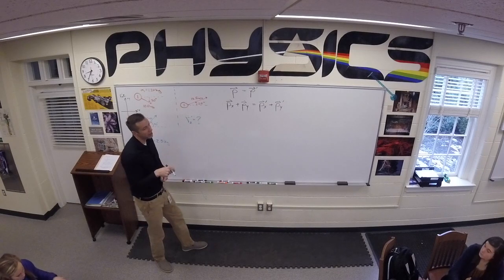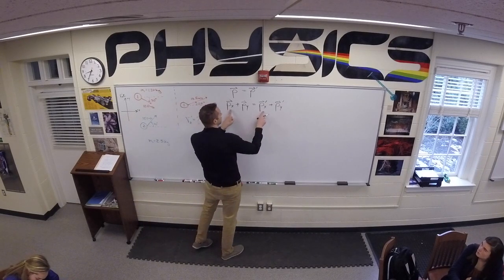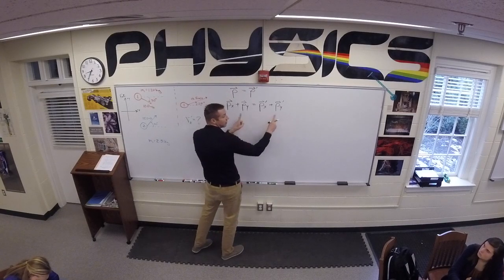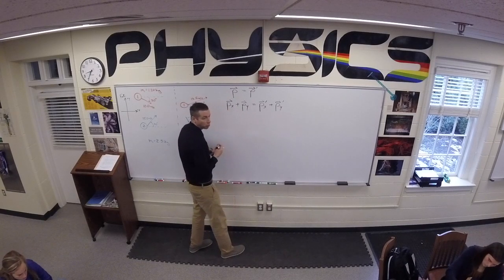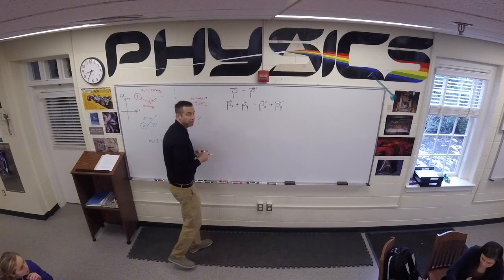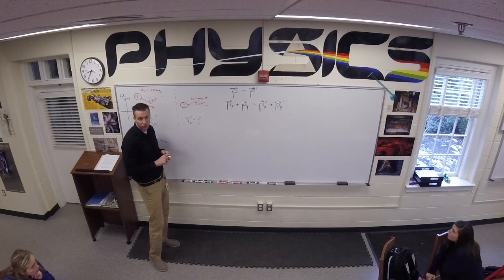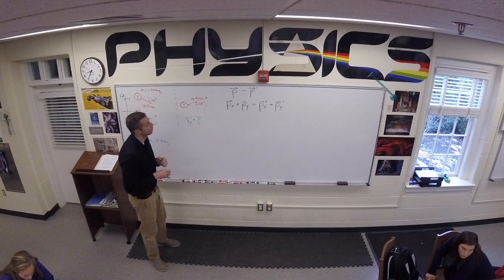Since x and y are independent, what we're actually going to do is take just these two and do just x, and then just these two and do just y. And that allows us to determine the information necessary to work backwards to find this. But py isn't equal to py prime necessarily, is it?